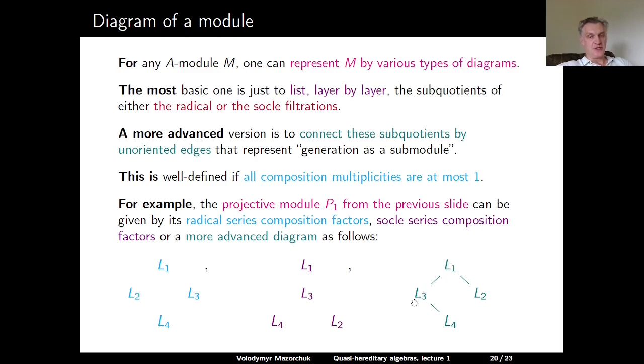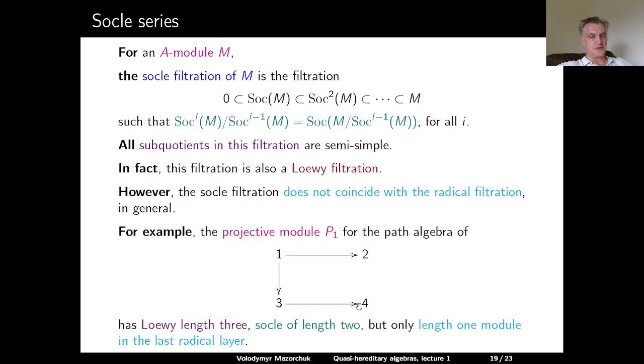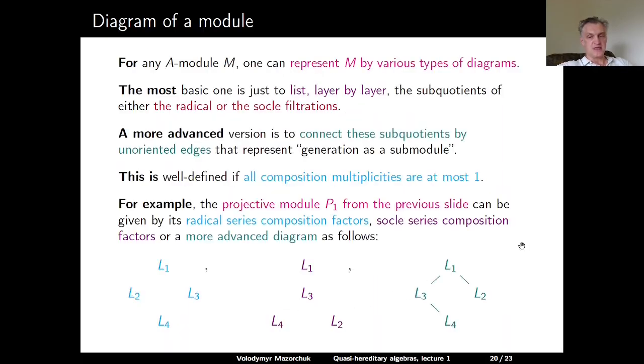So L1 generates the whole module. L2 is in the socle, so starting from it, nothing is generated apart from it. L3 generates L4, because here we have an arrow from 3 to 4. So this is the more advanced diagram for depicting our projective module P1.